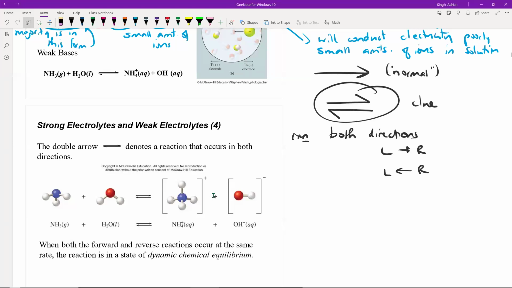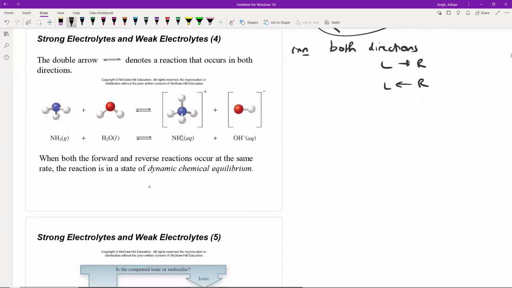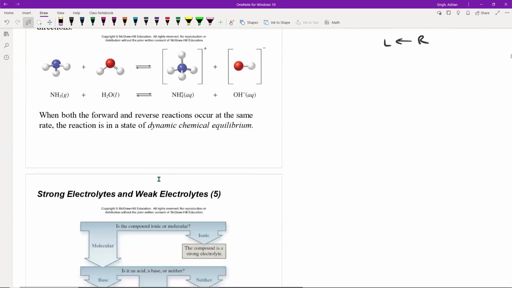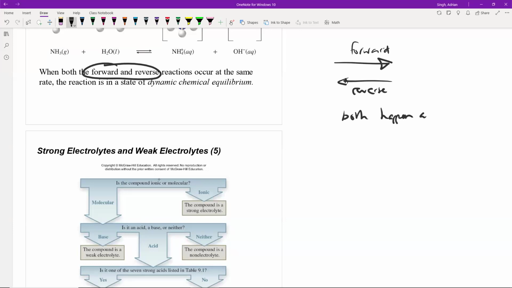Examples like these, we're going to take a much closer look at when we get into General Chemistry 2 later on. But for right now, when you see that double-headed arrow, what that means is that we have two reactions happening simultaneously. We have both a forward and a reverse direction, forward going left to right, and the reverse going right to left. Both of these happen at the same rate or the same speed.